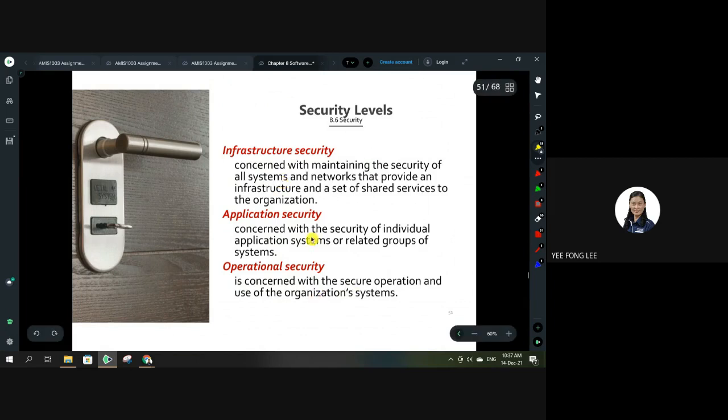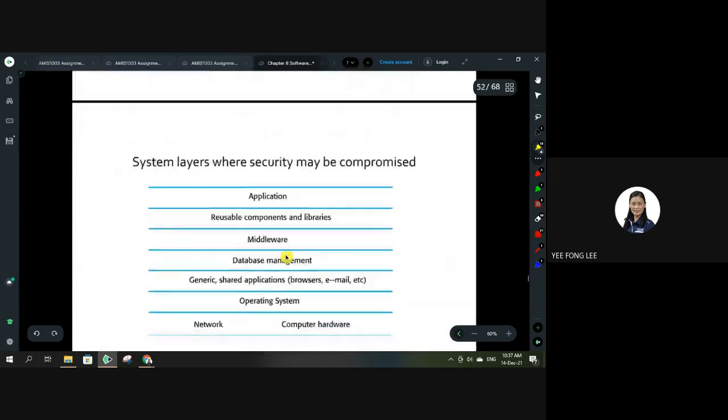Application security is concerned with the security of individual application systems. Operational security is concerned with the secure operation and use of the organization's systems. So, a straightforward definition.